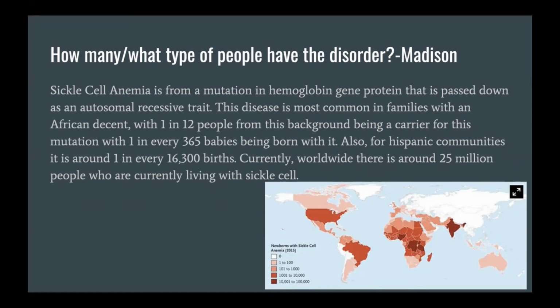Also, for Hispanic communities, it is around 1 in every 16,300 births. Currently, worldwide, there are around 25 million people living with sickle cell. Sickle cell anemia occurs in all backgrounds, but people of African descent and people of Hispanic communities are more likely to have the gene.